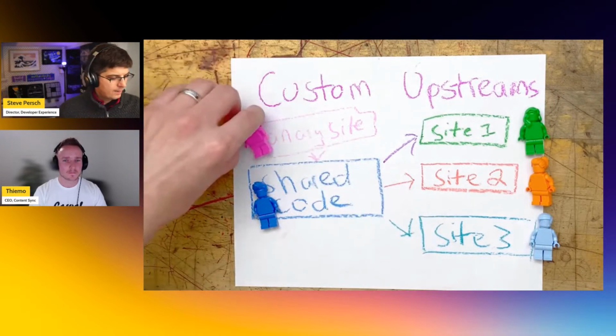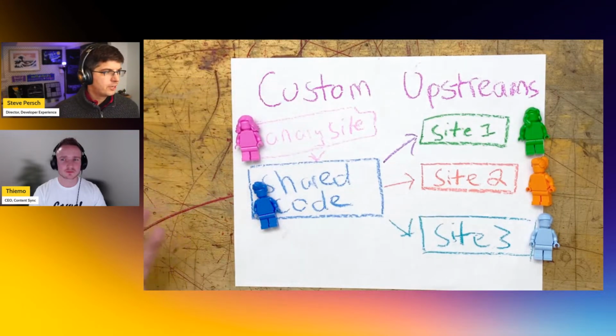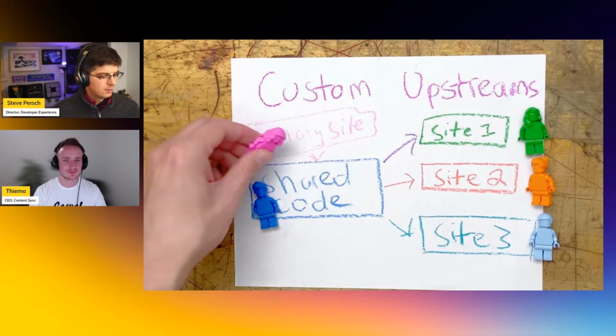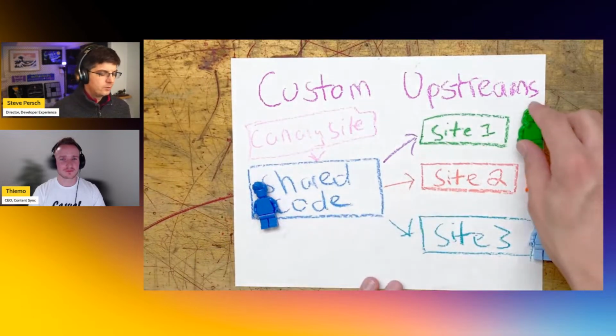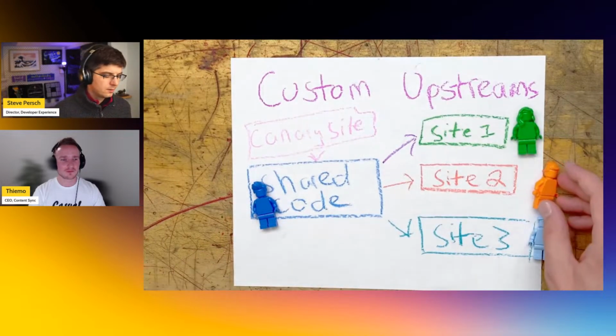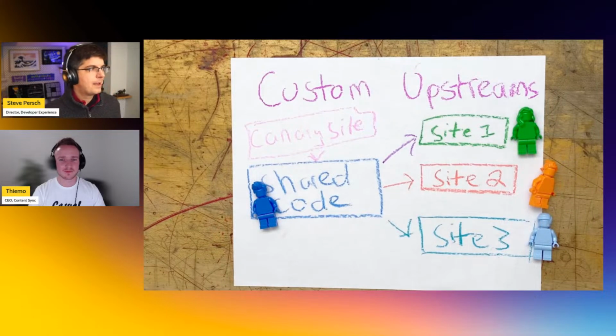They might have another developer testing out changes to code in a canary site, merging that into the shared code base, and then individual site administrators could pull in updates to the code through the Pantheon dashboard, the same way they would pull in updates to regular Drupal and WordPress code.